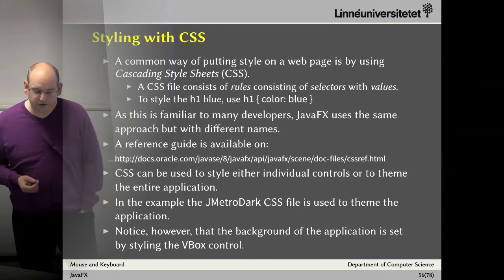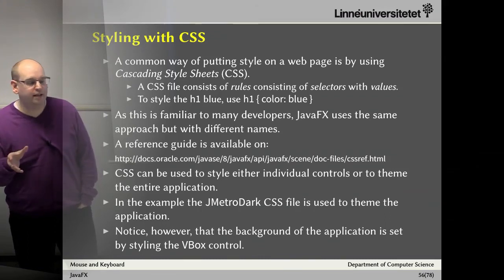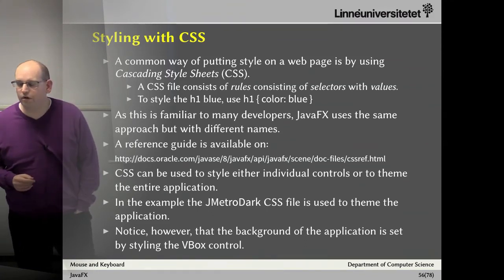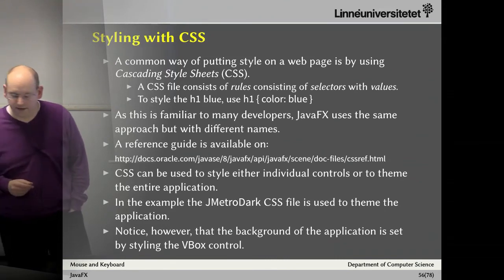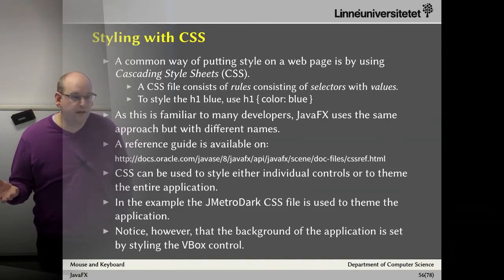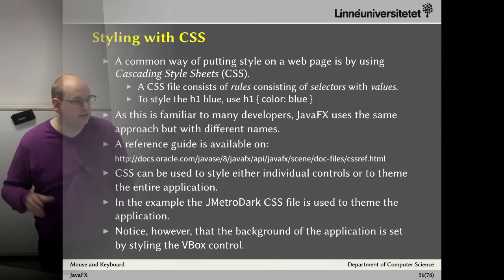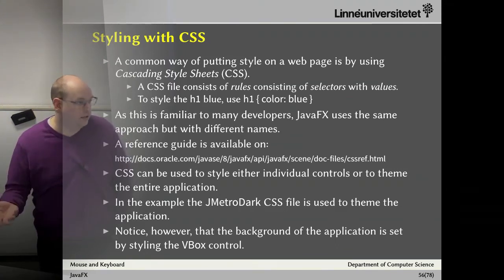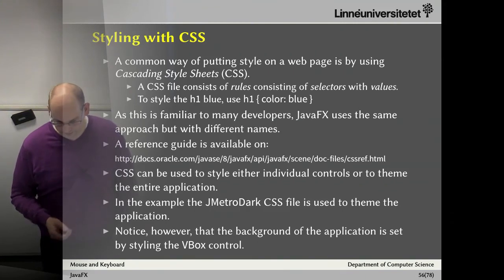So this JMetro is supposed to make the look and feel of your application conform to Windows 8 or 10 or something like that, in the style of buttons and radio buttons and stuff like that. Also, there are Aqua, so Mac OS-like CSS files that you can use in order to make your application look like a Mac application.